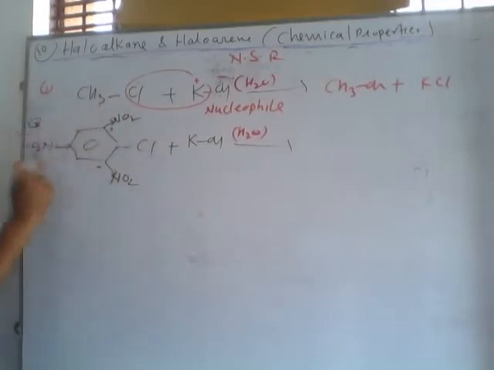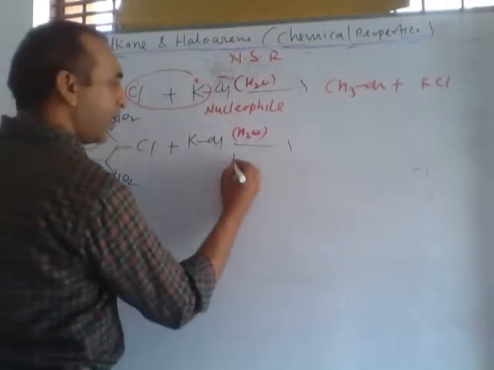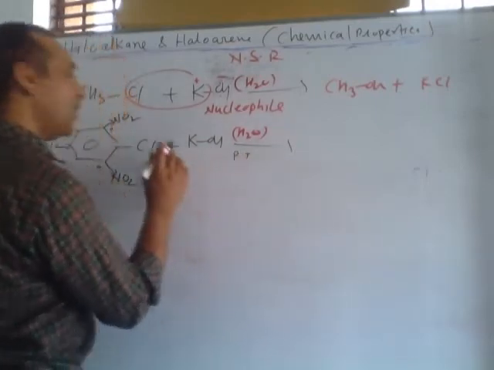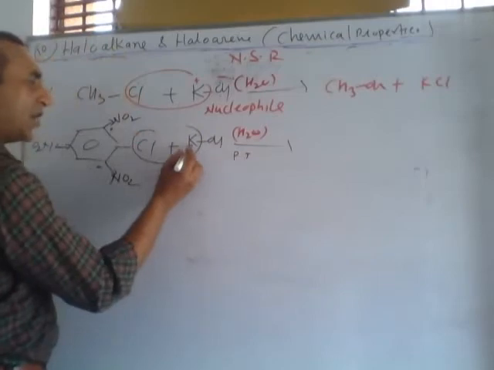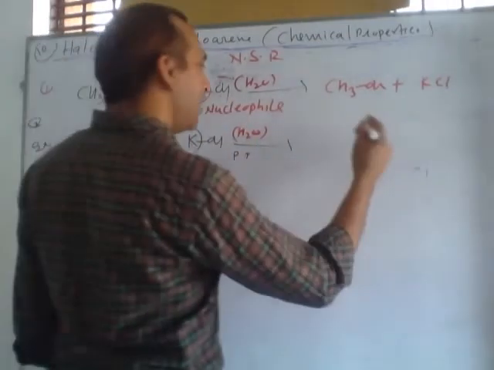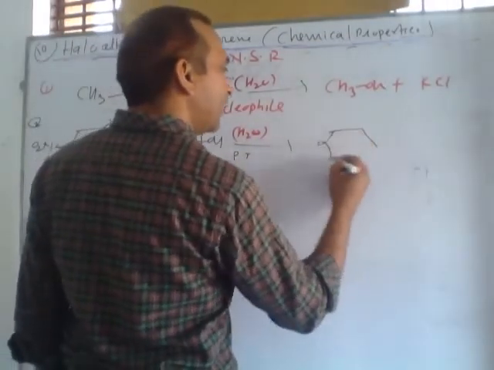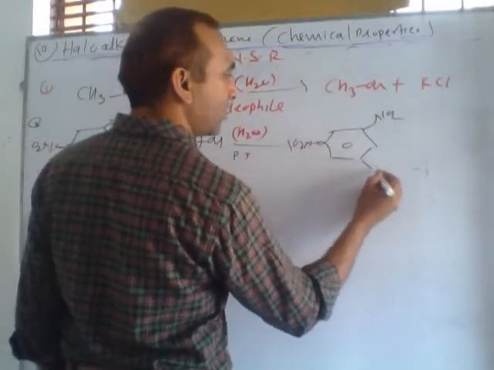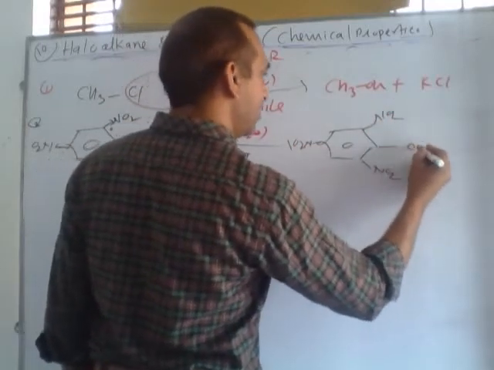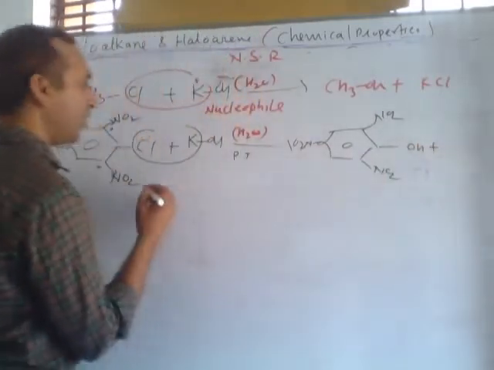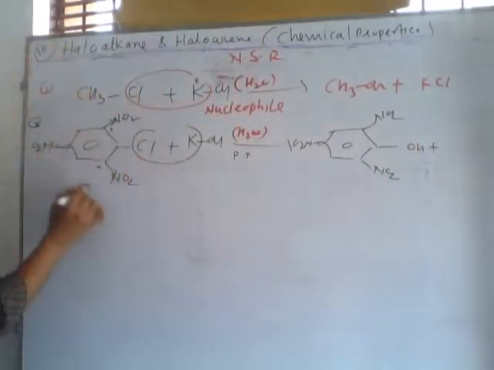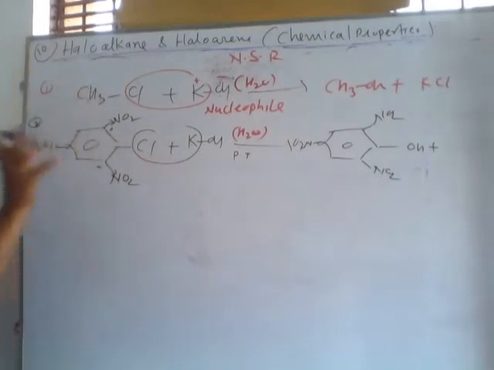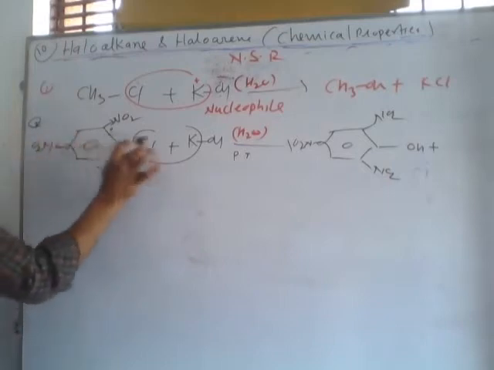If these groups are connected, then at very low temperature and low pressure, K and Cl are removed and this type of compound will form. So in exams they ask, what is the necessity of these electron withdrawing groups? These electron withdrawing groups attract electrons and the reactivity of RX increases.